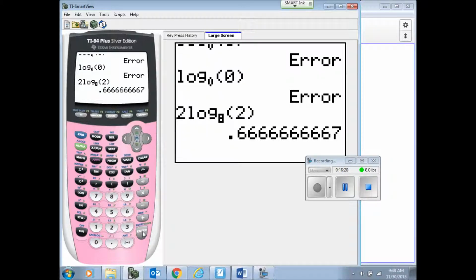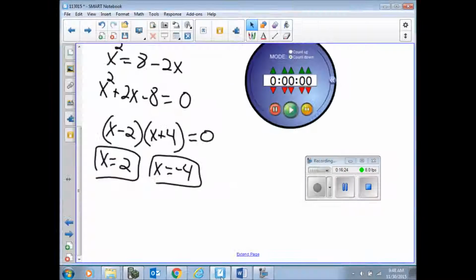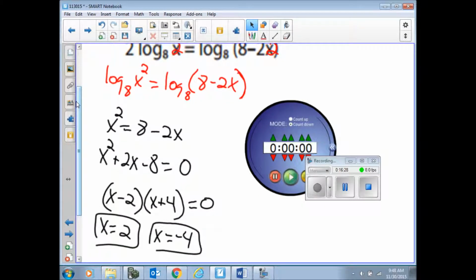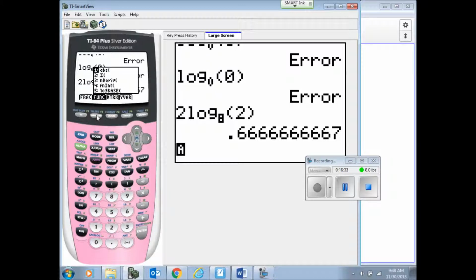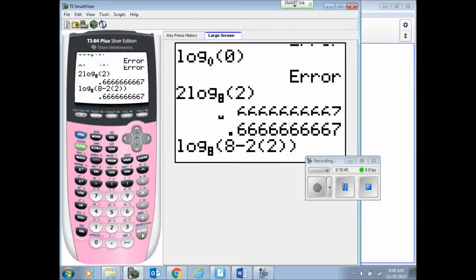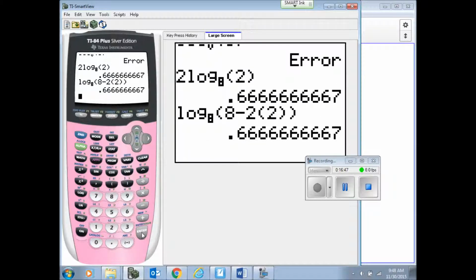Equals that. Did you check it there, Naya? Is it the same thing? Yeah. I'm just plugging in for x. There we go. There's our answer.